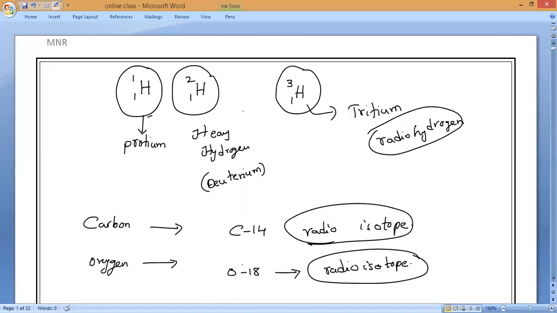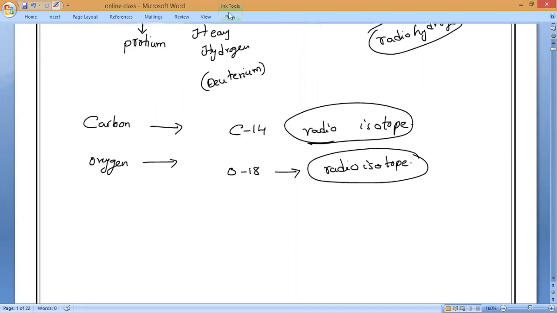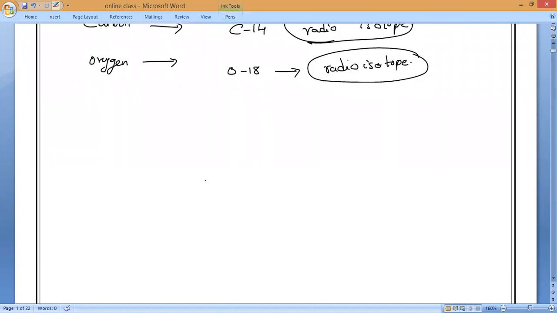Verify the book. So before that, let us discuss what we mean by radioactivity, and later we will go for applications of radioactivity. Now, please all of you keep a note: radioactivity.